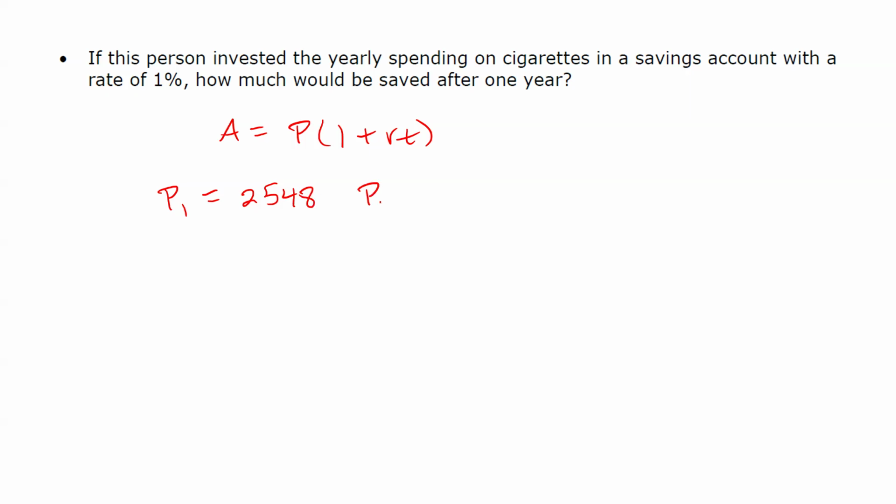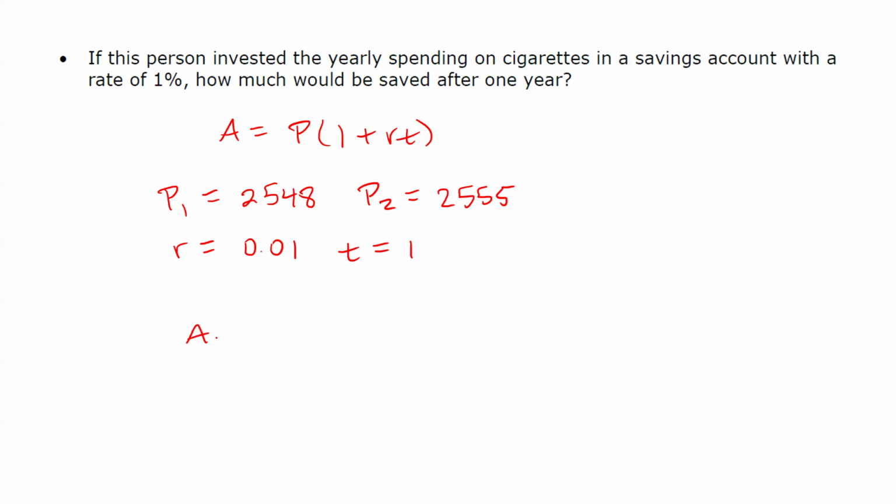But in the second process, our P is 2,555. Our R will still be the same at 1%, so that's 0.01. And our time will be the same because we're just trying to see how much would be saved after 1 year. So now we want our future value.